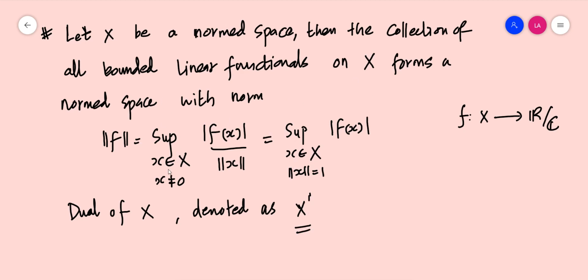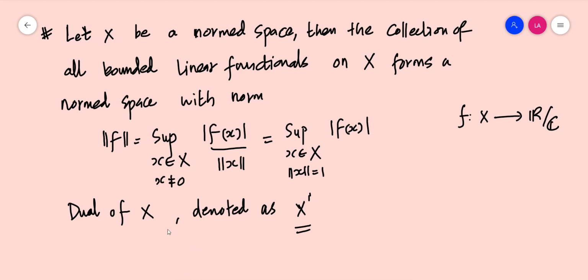The proof is actually the same as the proof in the case of the bounded linear operators. The only difference is that instead of norm T, we are using modulus of f. That's the only difference.